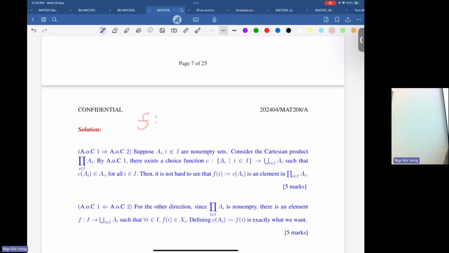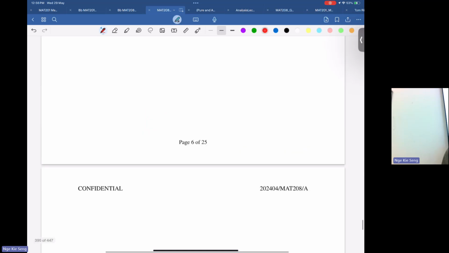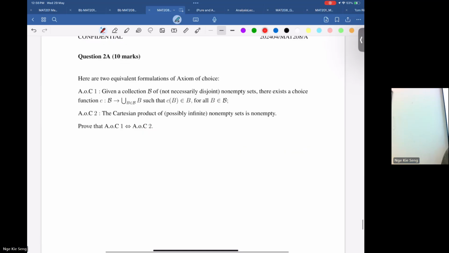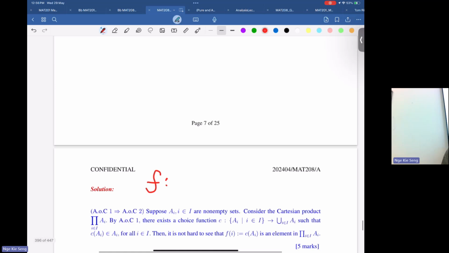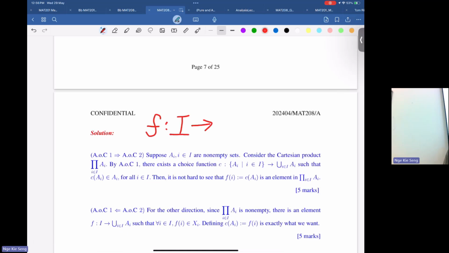Your F has to go from where to where? Your F should go from the index set. Let's make it I, to the union of A alpha, where alpha is in I.